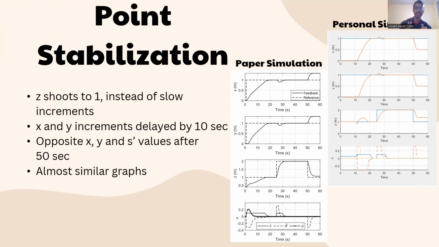If we compare the time slot between 0 and 10, and then 10 and 20, it's almost as if they have been swapped. Whatever happens in the paper from 0 to 10 is actually happening from 10 to 20 in the personal simulation.